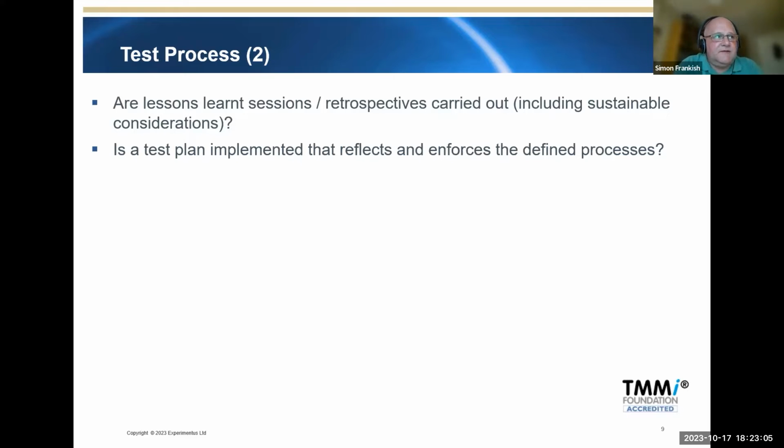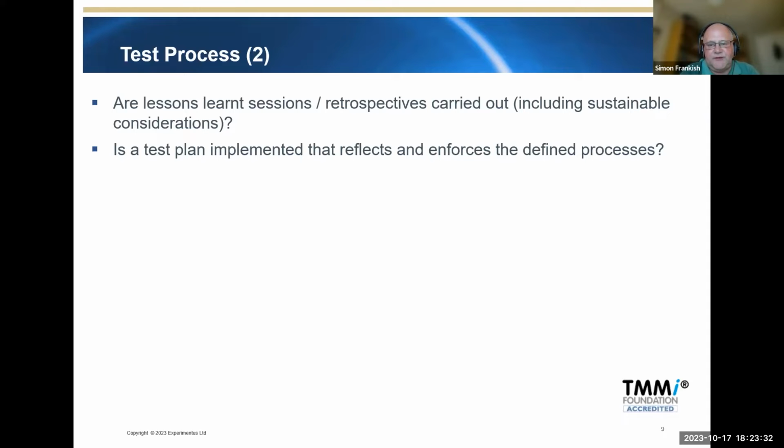Is there a test plan implemented that reflects and enforces the defined processes? We've spoken a lot about making sure you've got the right consistent process in place, following good risk-based testing principles, and doing the lessons learned retrospectives. That's much more likely to actually happen if there is somebody who's responsible for running the test plan.